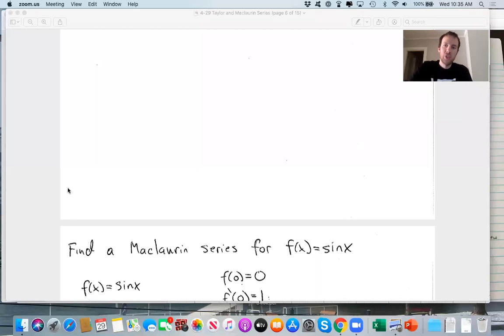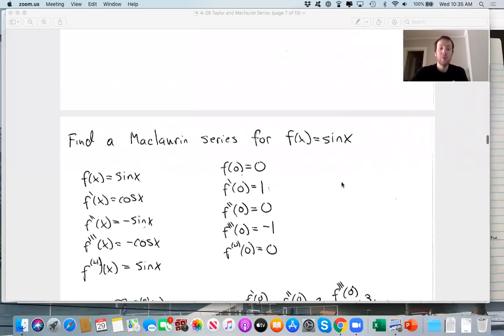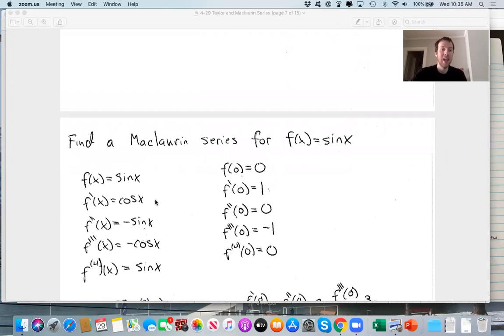As some other notable functions that we can find series for, we can find a series for sine x. So first we want to think about what its derivatives look like. And its derivatives go in this sine-cosine cycle. So its first derivative is cosine, then negative sine, then negative cosine, then back to sine, and then you cycle through this.